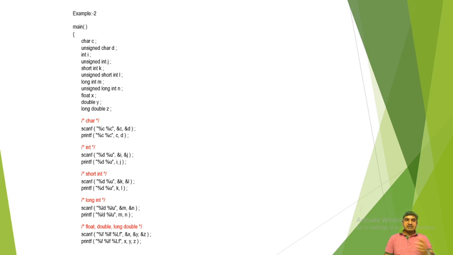So these are the different data types, their range, format, and representation in the program.